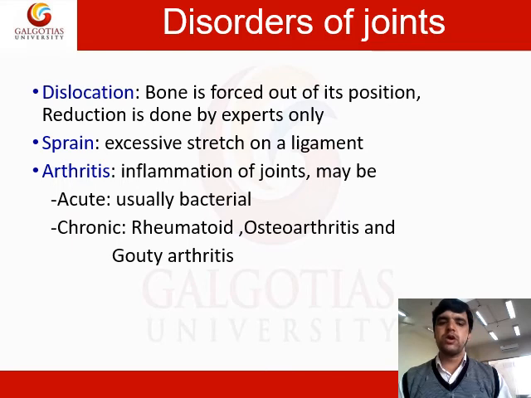The other may be chronic in nature, a type of delayed inflammation. The examples of chronic arthritis are rheumatoid arthritis, osteoarthritis and gouty arthritis.